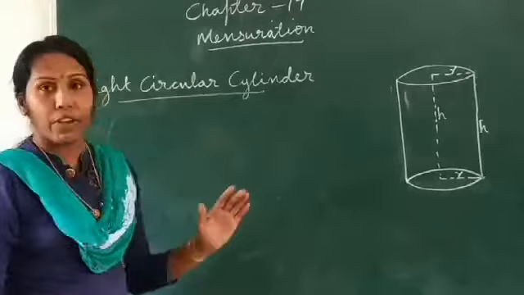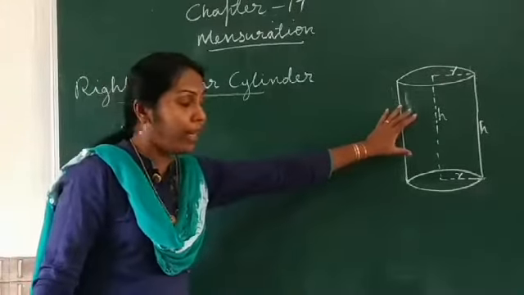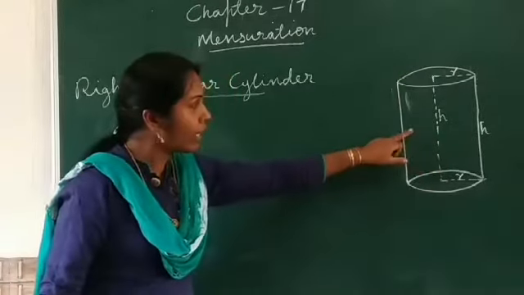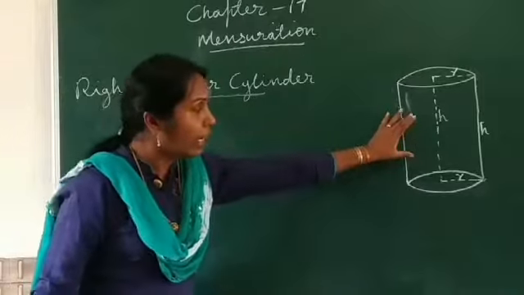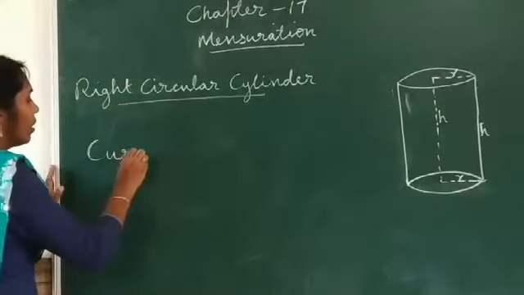When we consider the surface area, there are two kinds of surfaces: one curved surface and two plane surfaces. First of all, let us see how we can obtain the curved surface area of a cylinder.